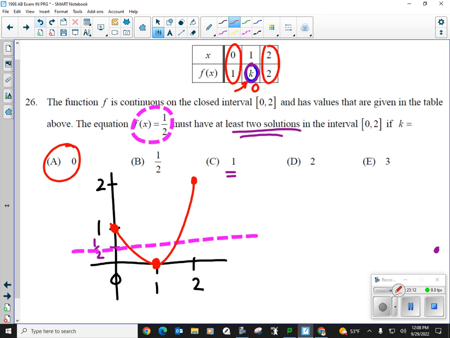Maybe there's more than 2. Maybe it does something like this. You know, I don't know. But at least 2 means it has to start above, come below, and go back and rise above my value of 1/2. The answer is k should be 0 to guarantee that.